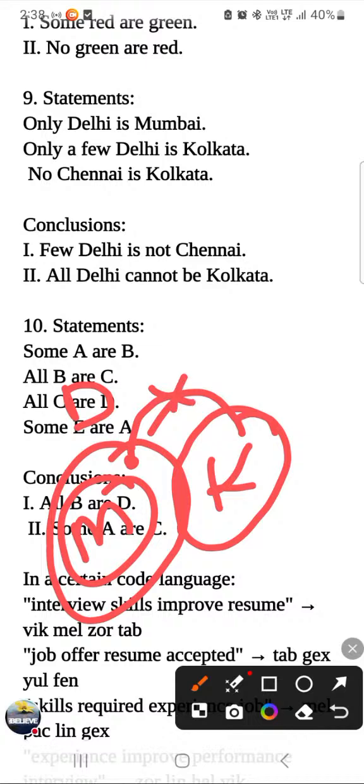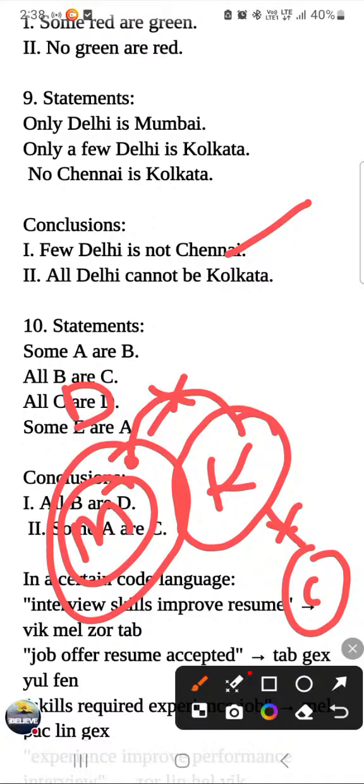And no Chennai is Kolkata. The conclusion says few Delhi are not Chennai. Yes, few Delhi are Kolkata, and those Kolkata are not Chennai, so it is true. All Delhi cannot be Kolkata: the statement itself says only few Delhi are Kolkata, so all Delhi cannot be. So it is also true.